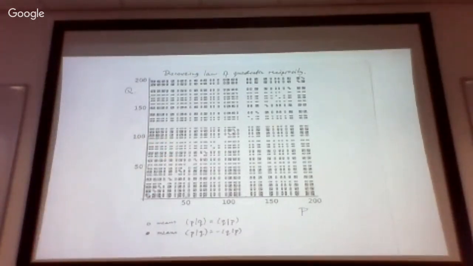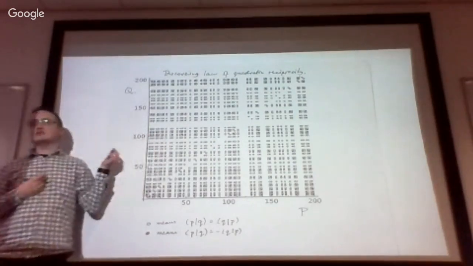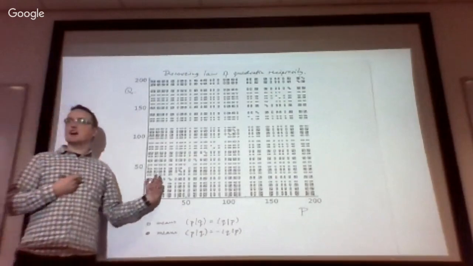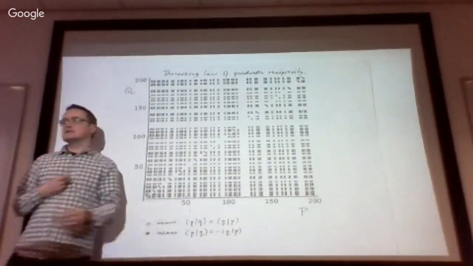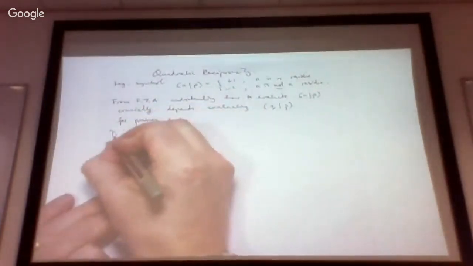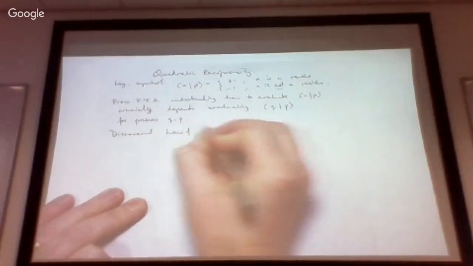That suggests that what we're seeing here is a modulo 4 pattern. So yesterday we discovered the law of quadratic reciprocity.